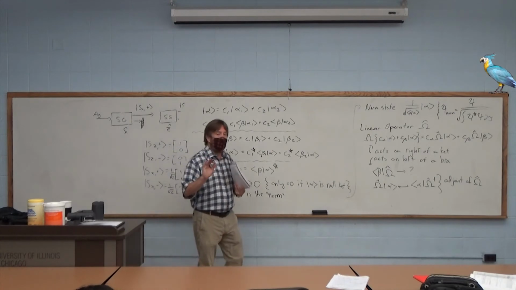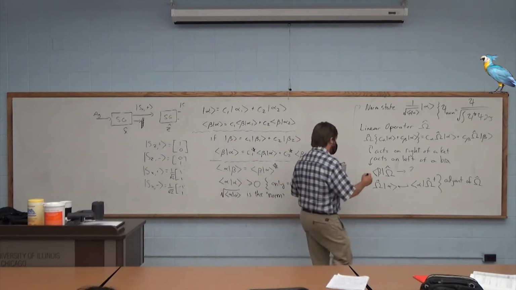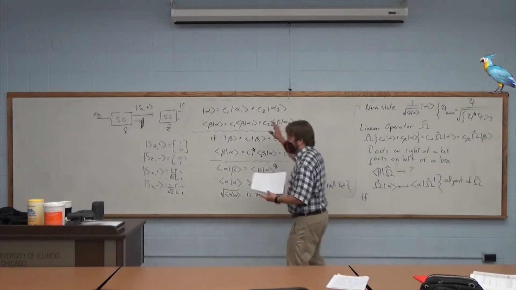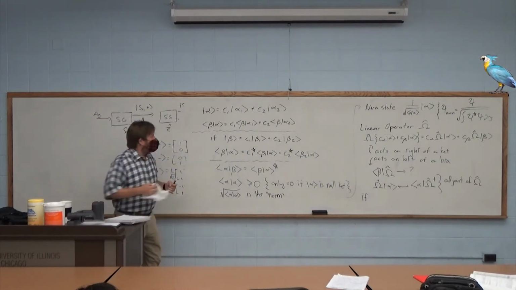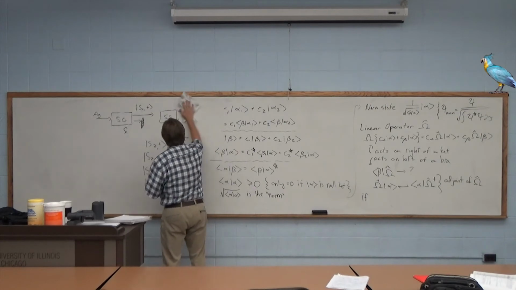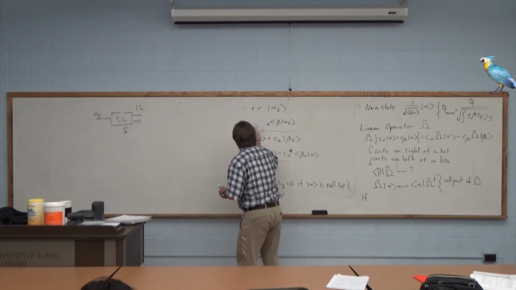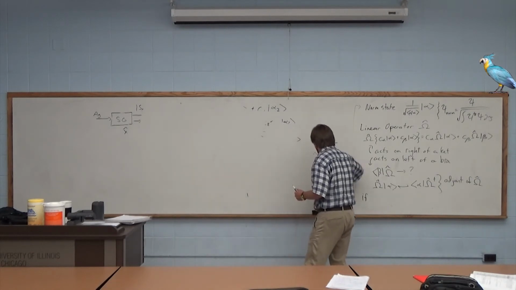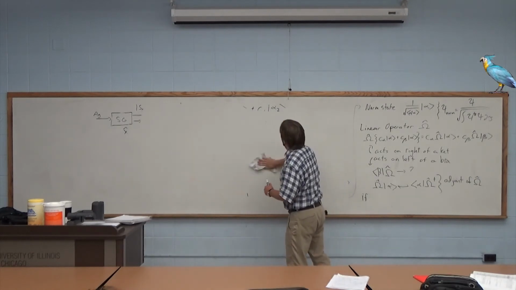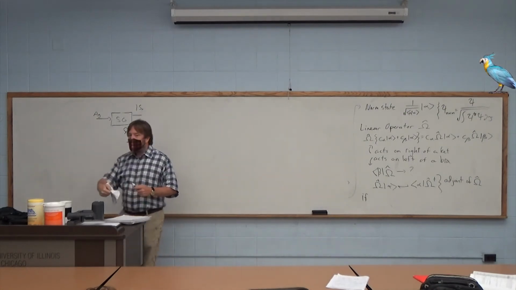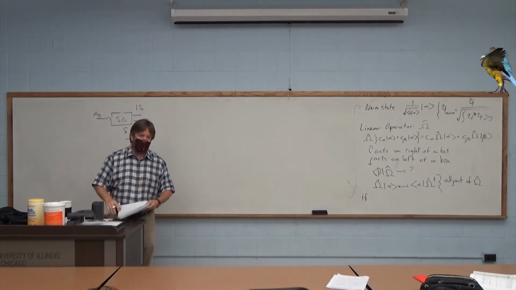Now, I'll give you something that is very obvious. The one thing I know about adjoints that might be useful is, and hopefully I put this in my textbook, you should know this by now, and if not, come by office hours. You should know about Hermitian operators.